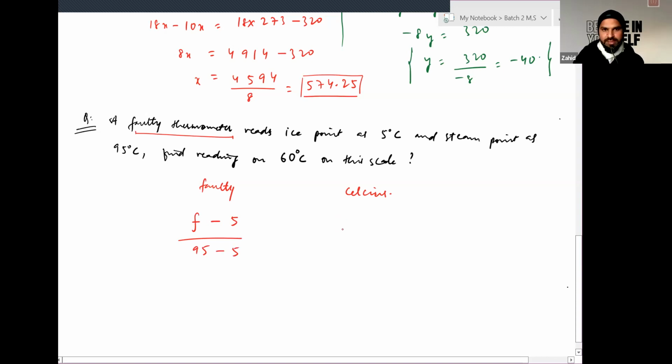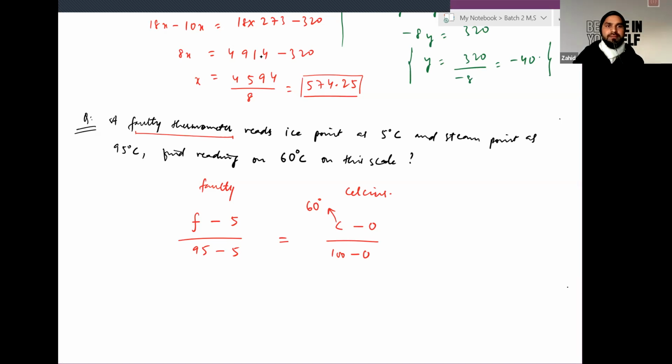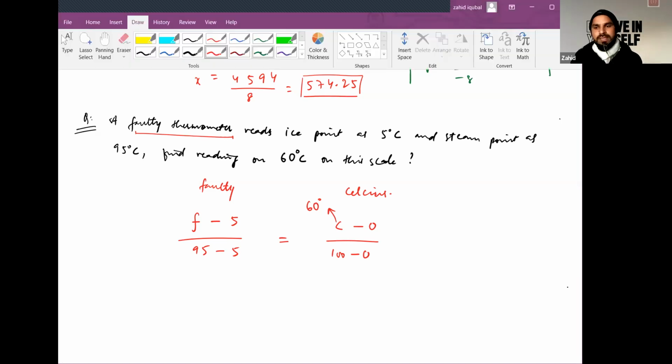Similarly, in terms of Celsius, it will be C minus 0 divided by 100 minus 0, according to the formula. Now equate these two terms. For C to be 60 degrees, you have to calculate the value of F. So put C as 60 degrees and simplify this expression to find F. Is it clear?